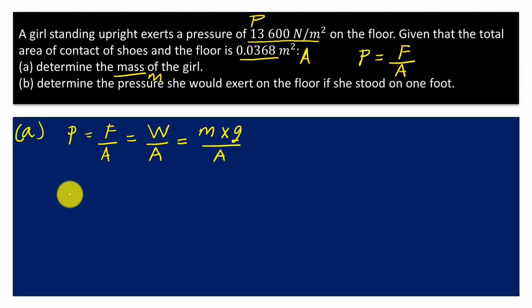And this is the expression. Let me write it properly here. Pressure is equal to mass times the gravitational field strength over the area. This is the expression that gives us the relationship between mass, area, and pressure.